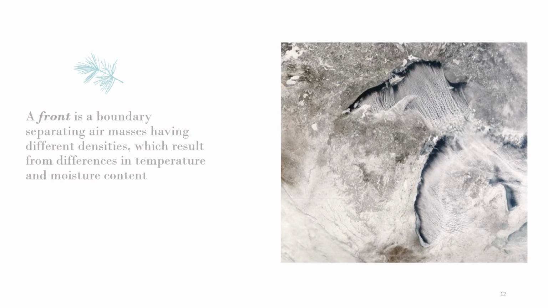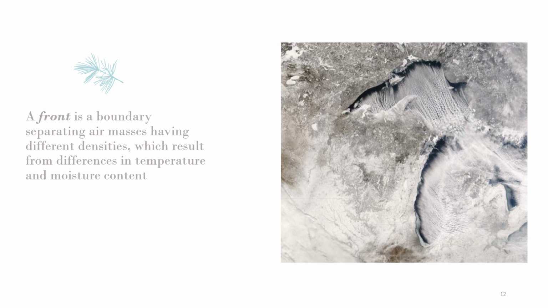A front is a boundary separating air masses. We've known what air masses are, so a front is a boundary separating air masses having different densities, which result from differences in temperature and moisture content.